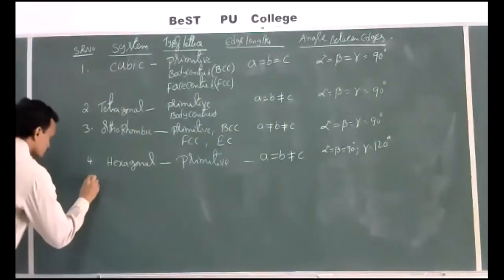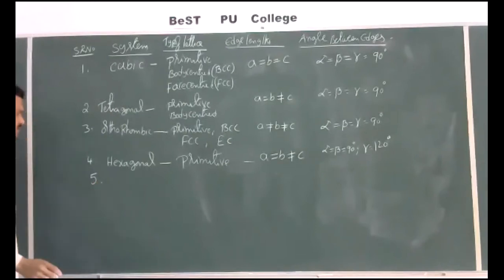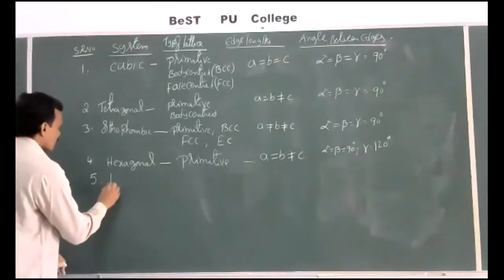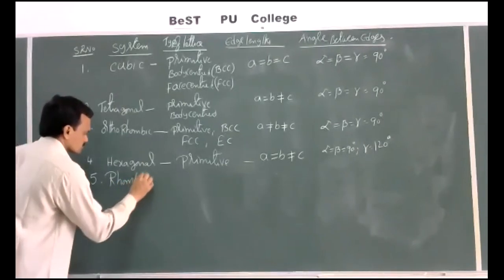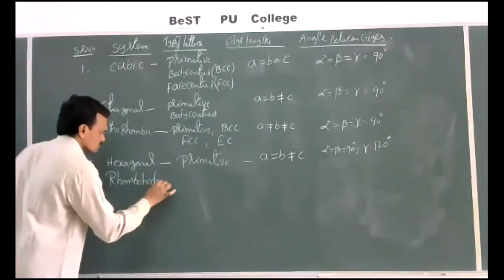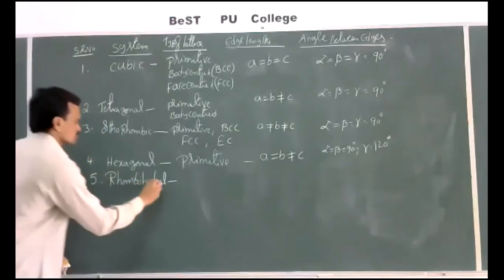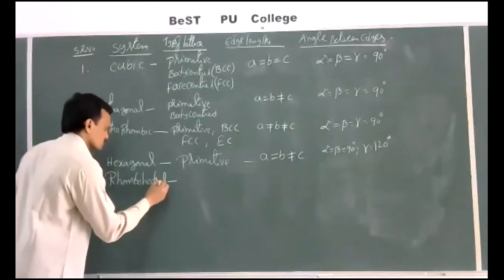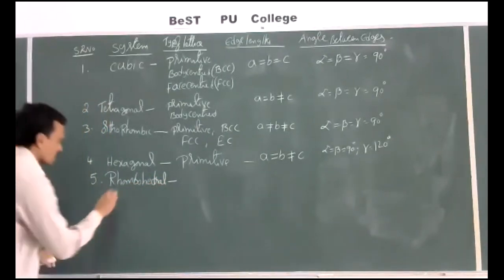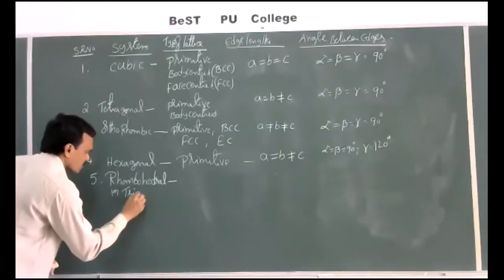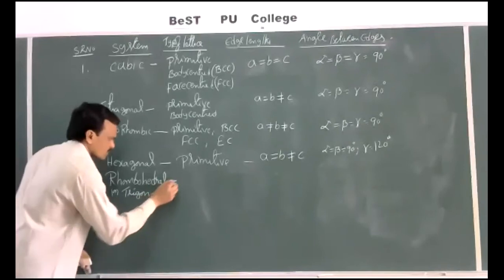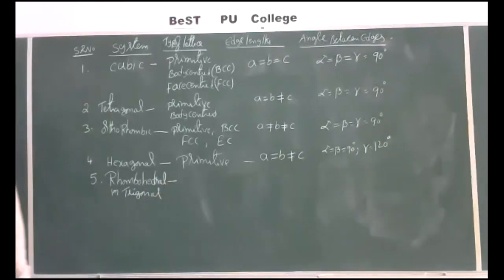Next, fifth one, rhombohedral. Rhombohedral, or this is also called as trigonal.